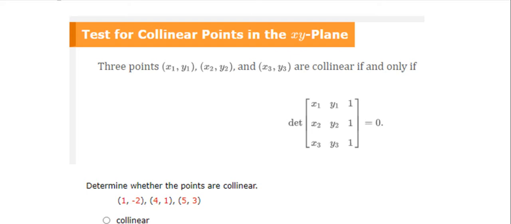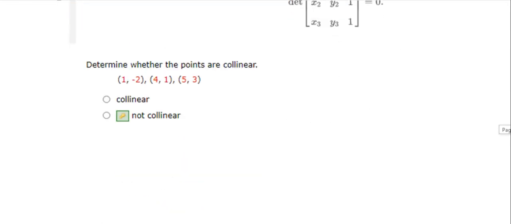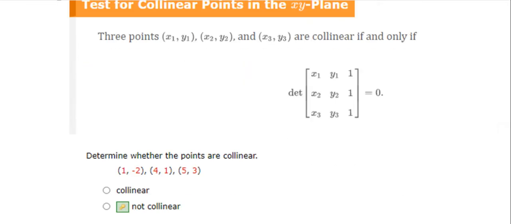So here, determine whether or not the 3 points are said to be collinear within the plane. We can use the determinant. Here it says if and only if the determinant, if we get 0. So let's see, they give us some points.